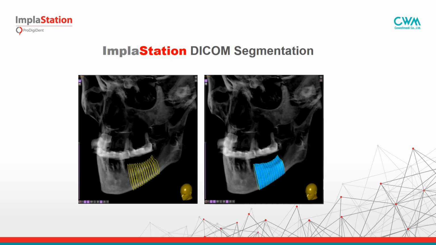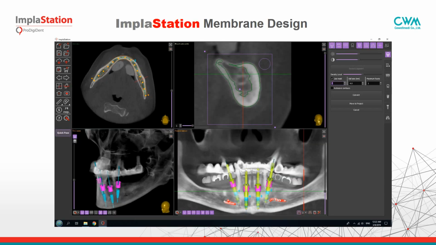In ImplaStation we have a special tool, we call it segmentation. It lets us reconstruct the bone volume slice by slice, and each slice can be manually adjusted. This is how it works.